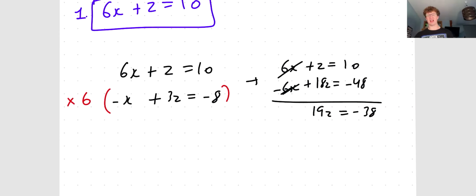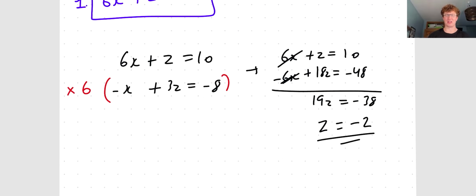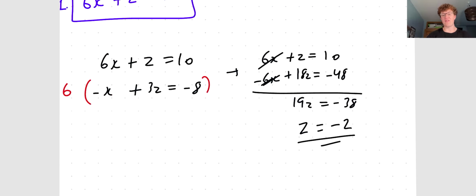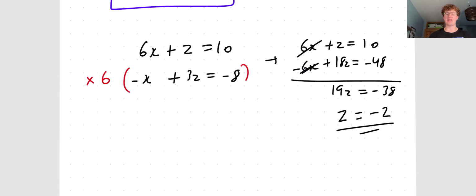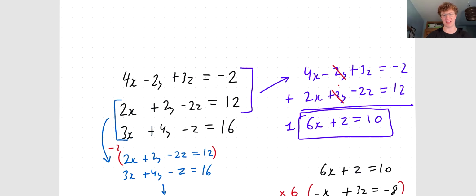So that means z is going to equal, got to make sure on the calculator, 38 divided by 19 is in fact minus 2. Boom. That's our z value. So now what do we do? Actually, I'm going to double underline it. Now we fill this z value into the two-dimensional system to get the x value back, because we can't fill into our original equations as there's the y as well, and we don't know what y is just yet.